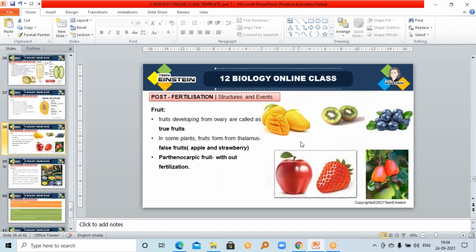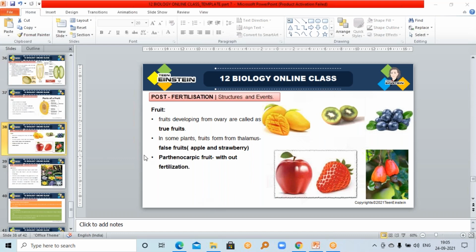Got it? And in some cases, some fruits form without fertilization. They are called parthenocarpic fruits. Without fertilization, some fruits will form.